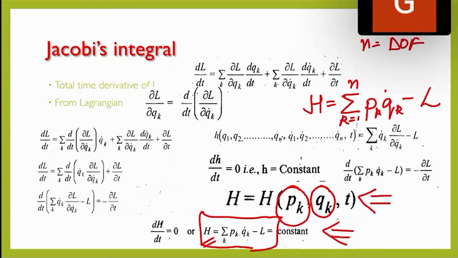This was the expression for the Hamiltonian. Using this, we will find Hamilton's equations of motion, like the Euler-Lagrange equations of motion.